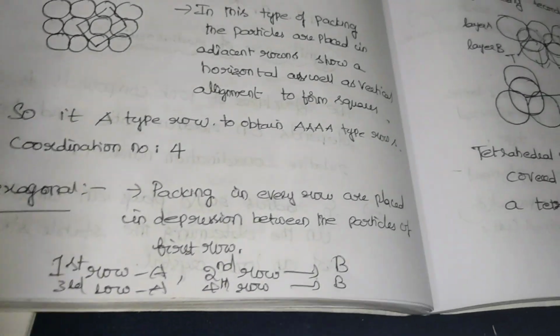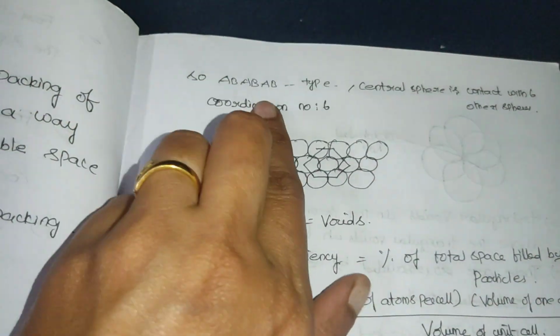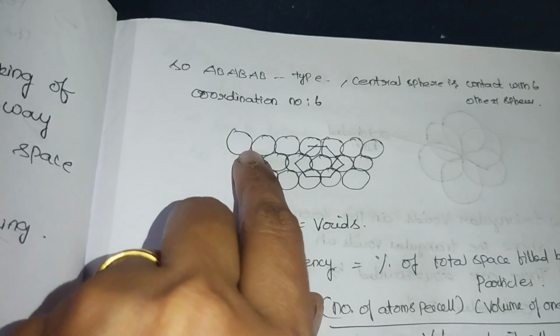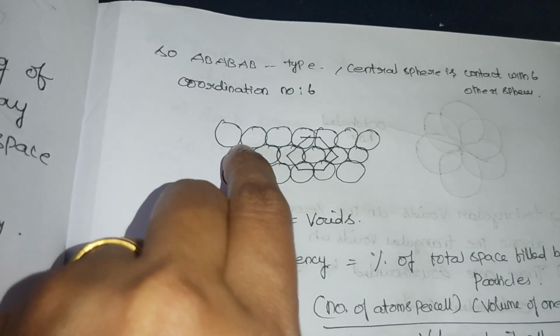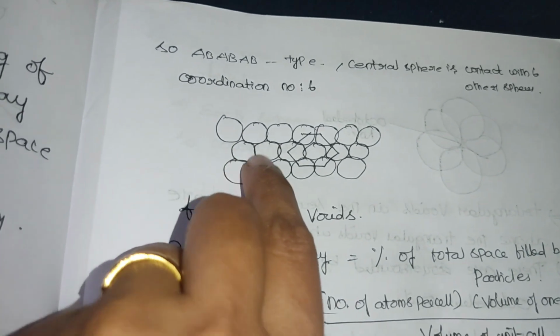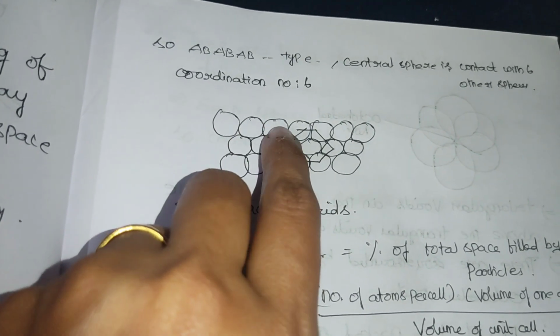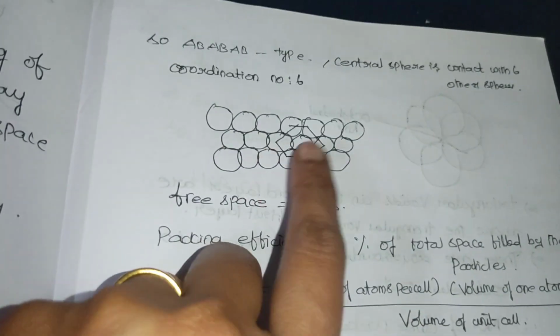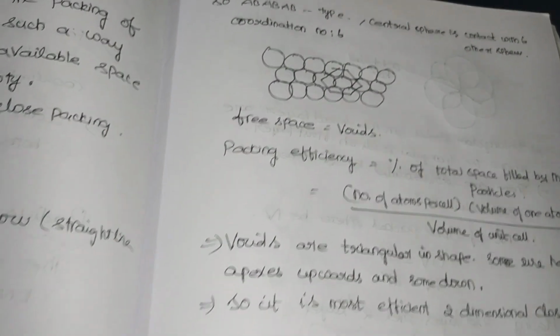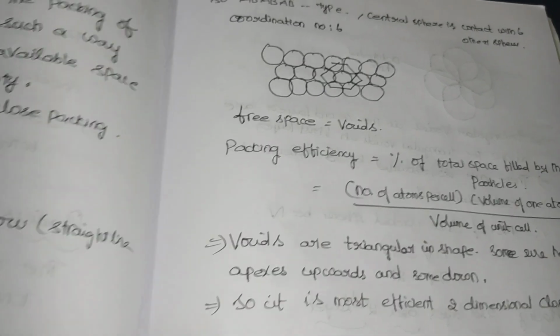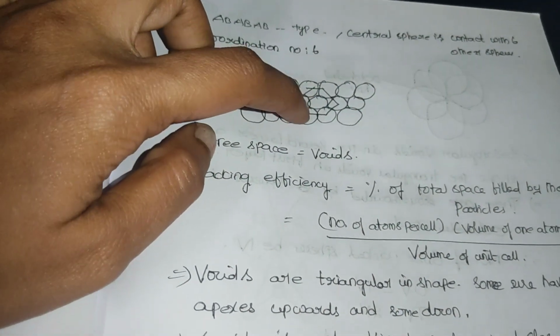Then what is hexagonal packing? Every row is placed in the depressions between the particles of the first row. Between these two is called a depression, in which one more circle is present, and between these two again one more. Like this, in the depressions of the first row the second row is arranged, so it is called hexagonal, and we get a hexagonal form.